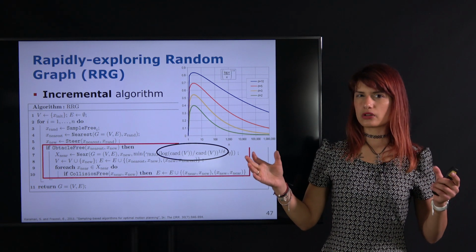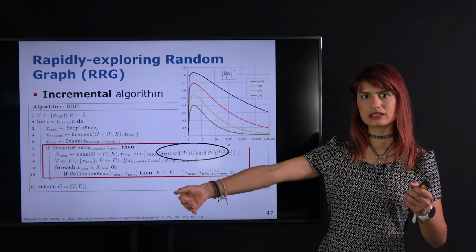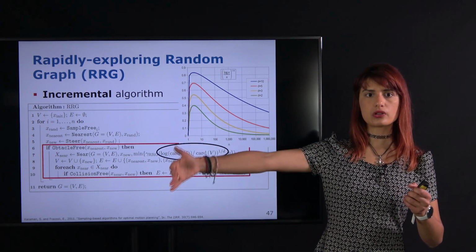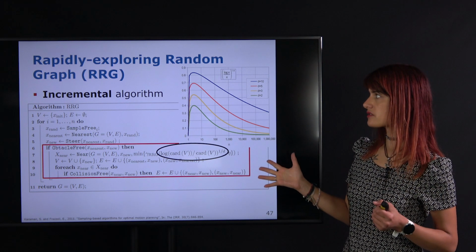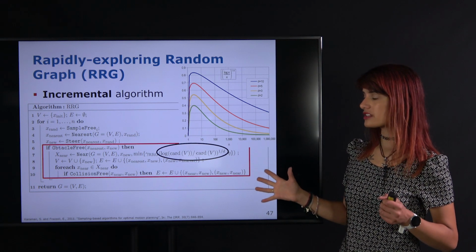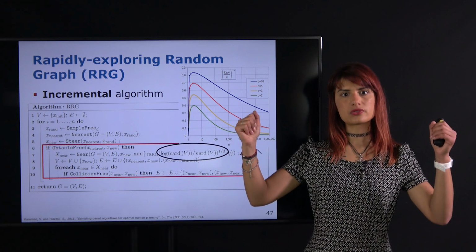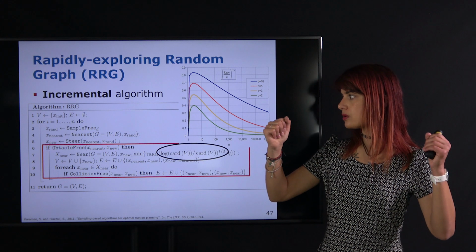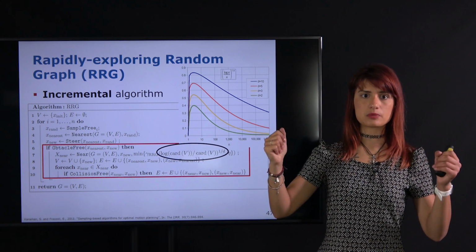So remember when we talked about kinodynamic constraints with the RRT, we tried to sample new control inputs in order to extend the tree. And in the case of the rapidly exploring random graph, this isn't possible because we're always asking, are these two nodes in collision? And so it's rather difficult to simulate real robot dynamics for this problem.